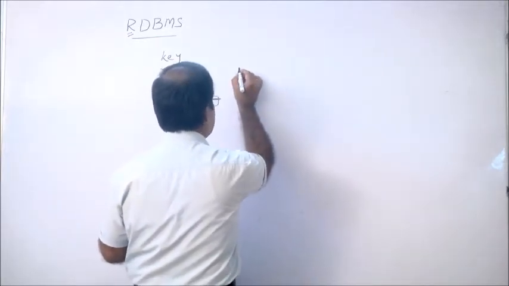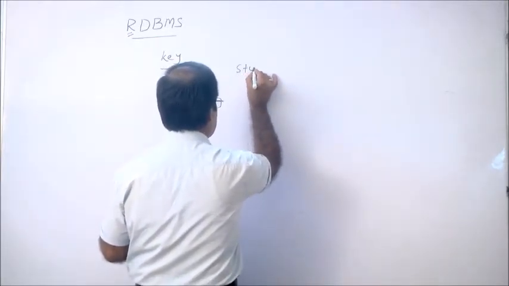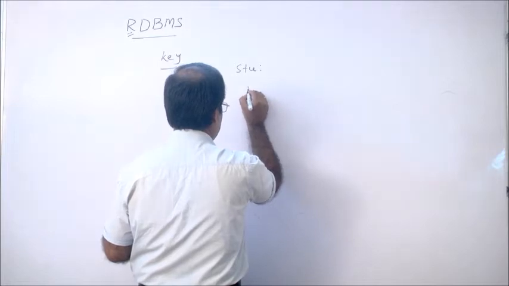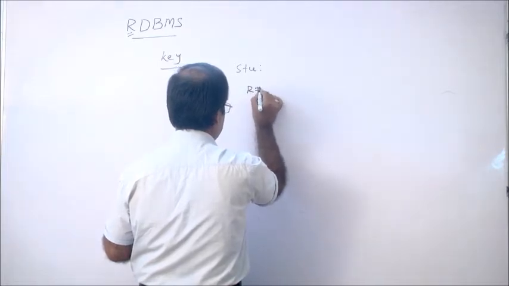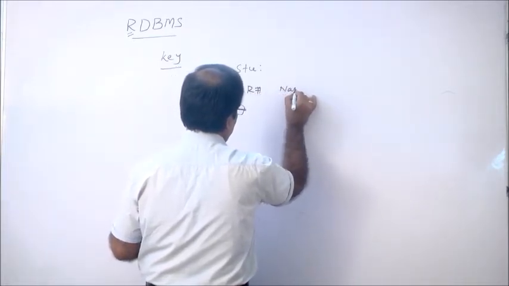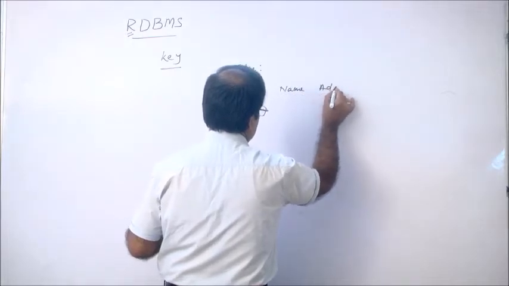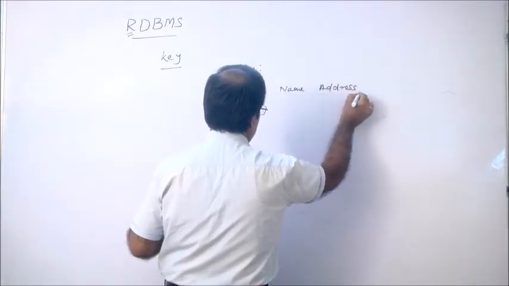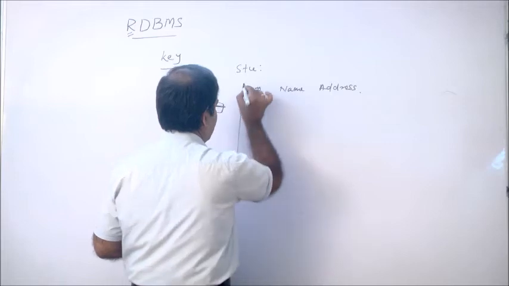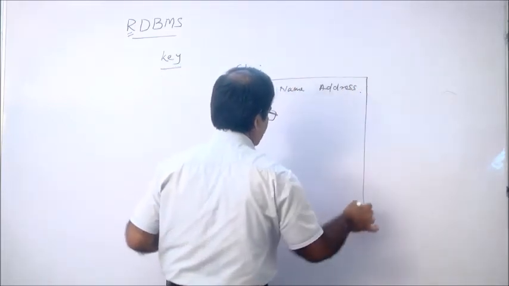Suppose I write the table name is student. Student is the name of the table, having roll number, student name, and address. Let the table have 3 fields or 3 attributes.